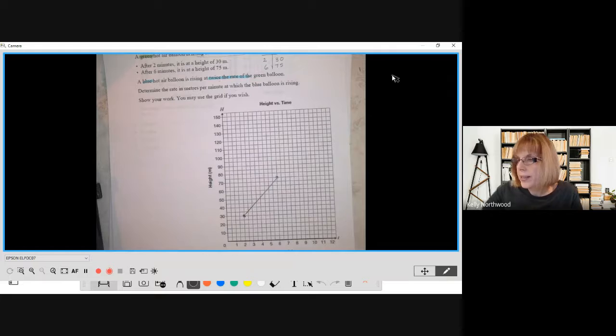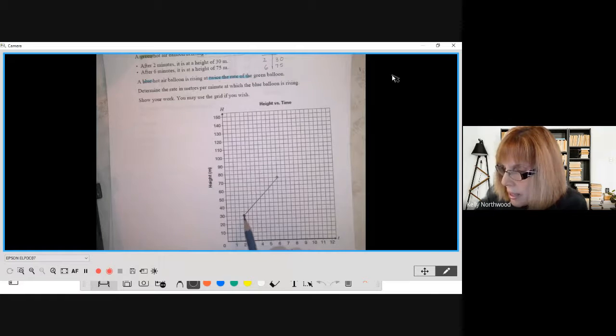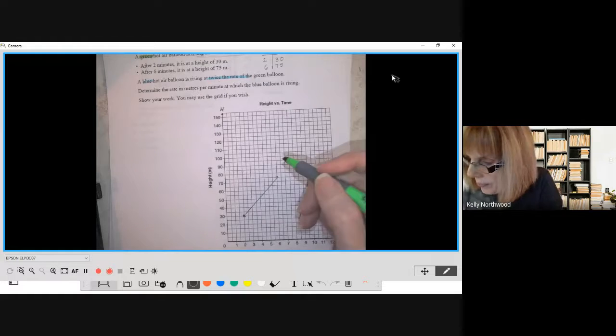So this is the green balloon starting here and rising to here, and we can make a right triangle out of it to get our rise and run.